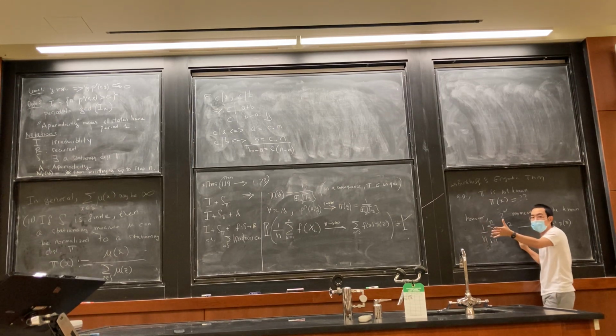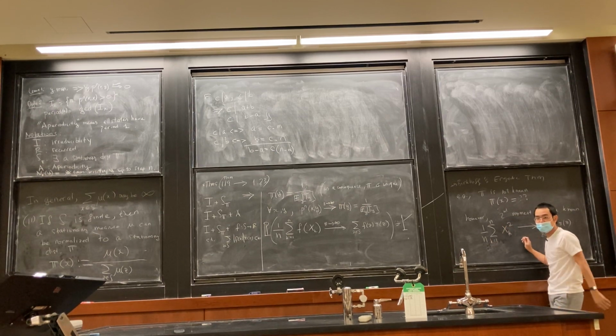Then you start the chain all over again and compute numerically, and it may give you another number for very large n. That indicates either pi is not unique or pi doesn't have a second moment. Think about the Cauchy distribution, for instance.